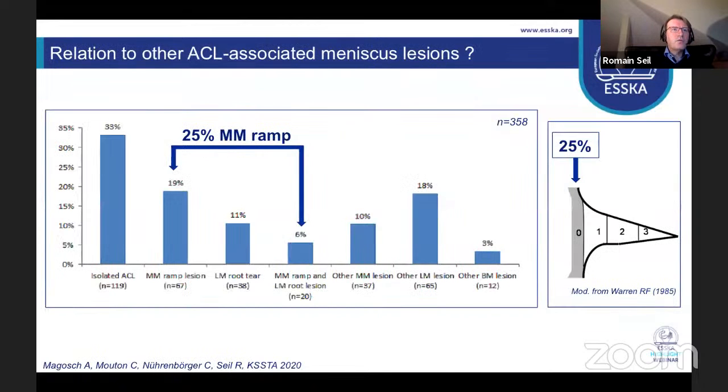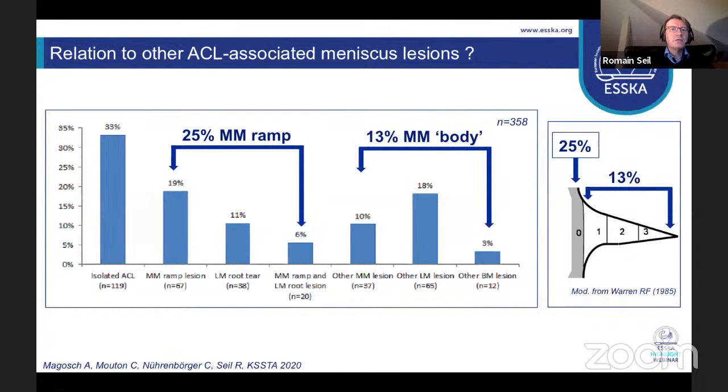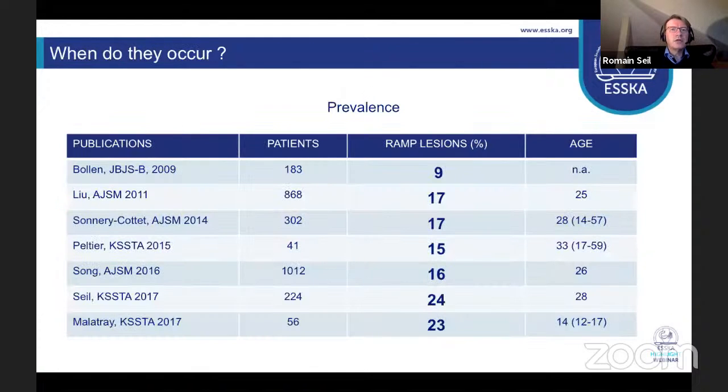And how frequent are these lesions in comparison to other ACL-associated meniscus lesions? Actually, that's something we just published in KSSTA. And you see that these ramp lesions are more frequent than the lesions of the medial meniscus body, so the lesions which are located in the zones 1 to 3 of the Warren classification. So they are regularly underestimated.